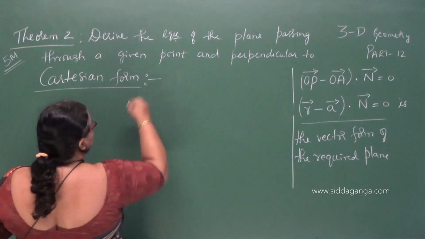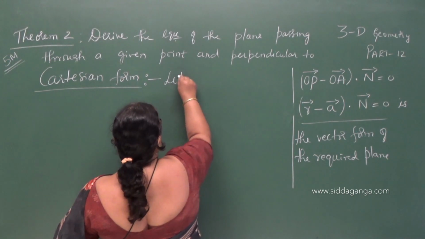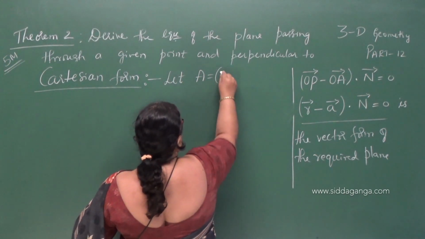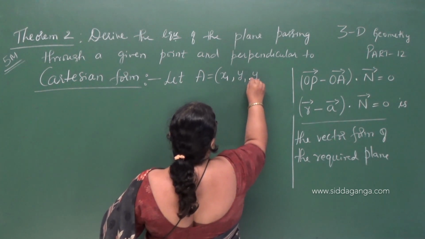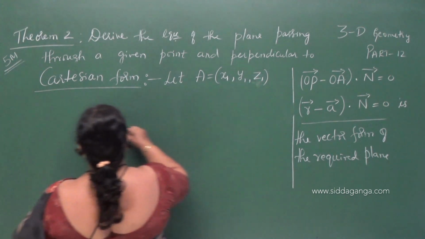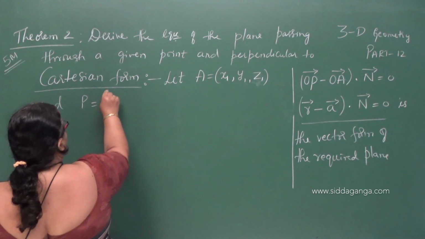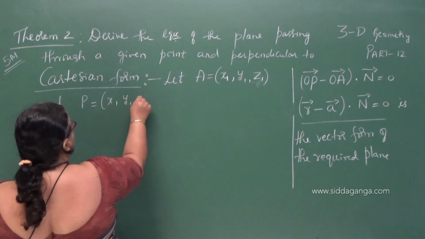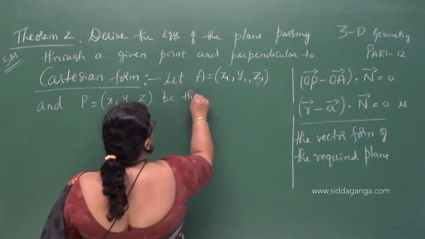So to convert to the Cartesian form, let the point A be x1, y1, z1, and P equal to x, y, z be the points.